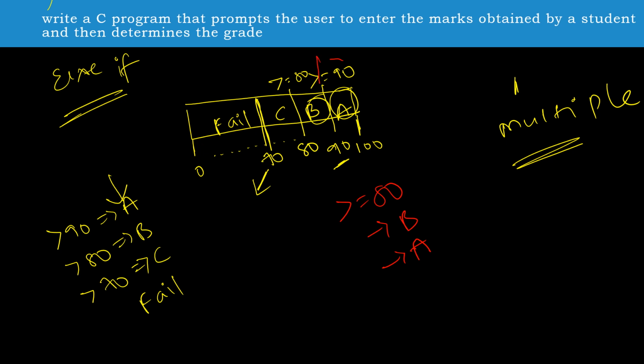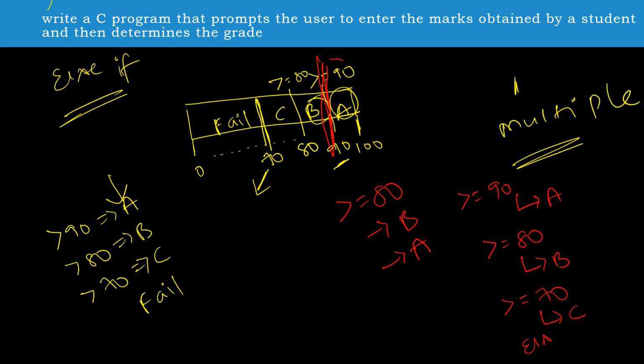If marks are greater than or equal to 90, then he will get grade A. If greater than or equal to 80, grade B. If greater than or equal to 70, grade C. Else, whatever the marks, 0, 1, 2, 3 up to 69, he will fail. Normally it's 35, but in our case 69 is also fail.